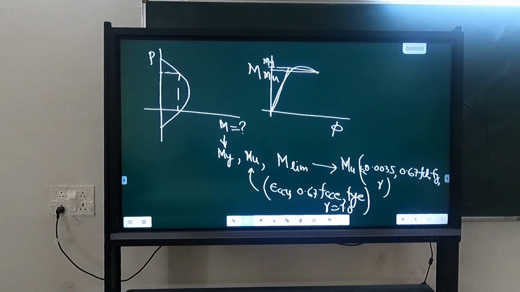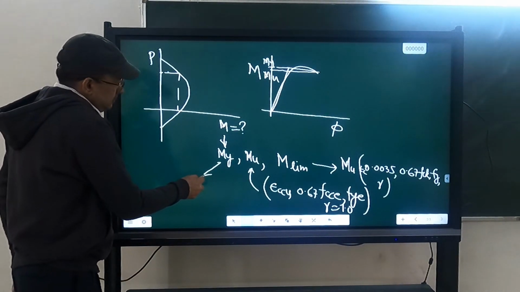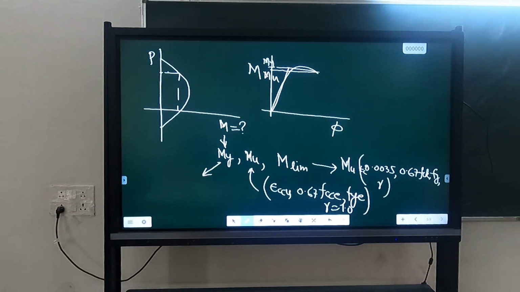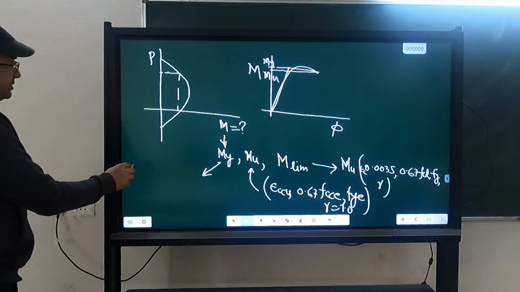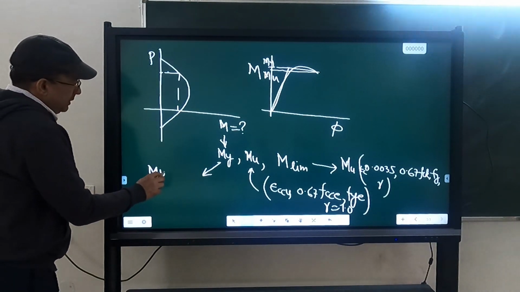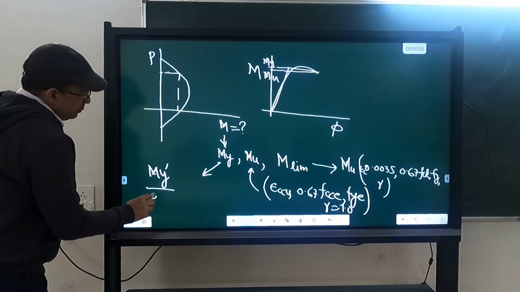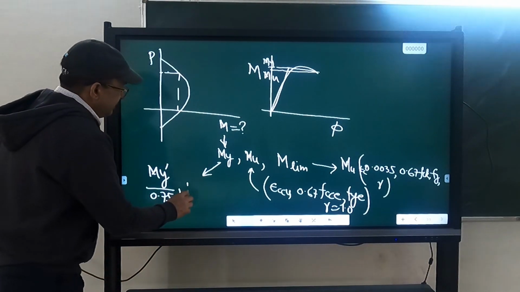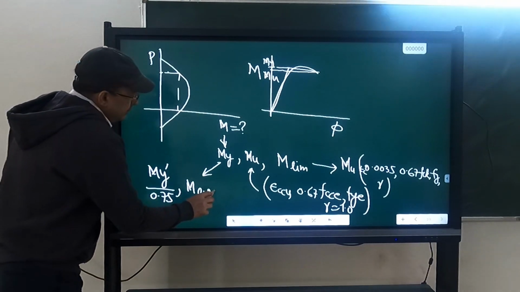Okay, I can calculate My also. How am I going to calculate My? Two methods we can use. Either we can calculate as My dash over 0.75, or I can calculate this as M 0.004.